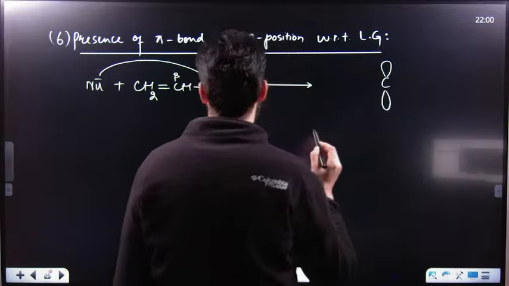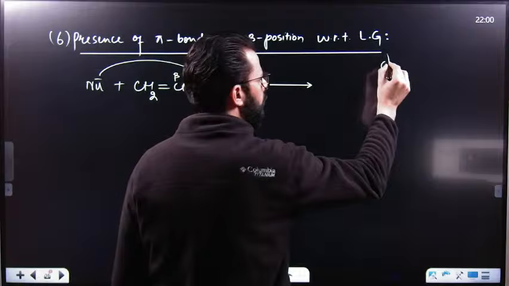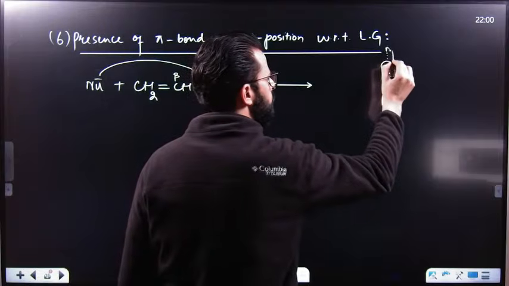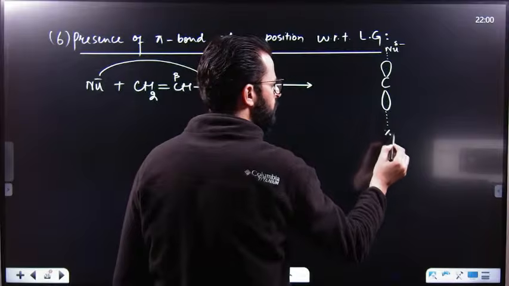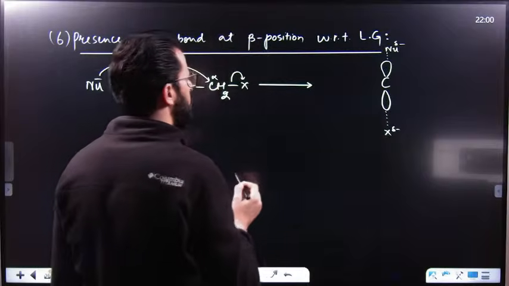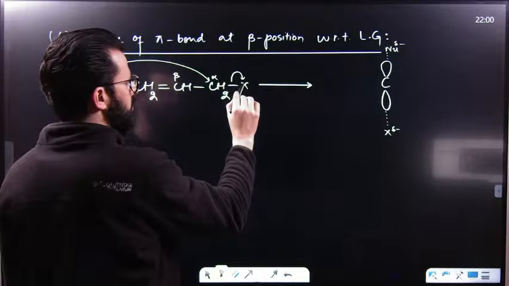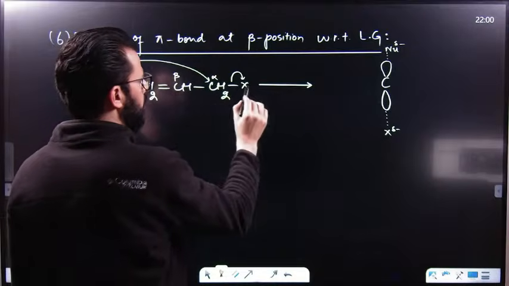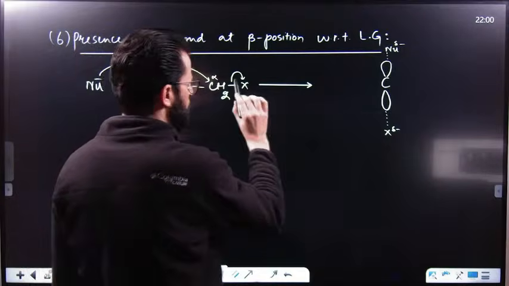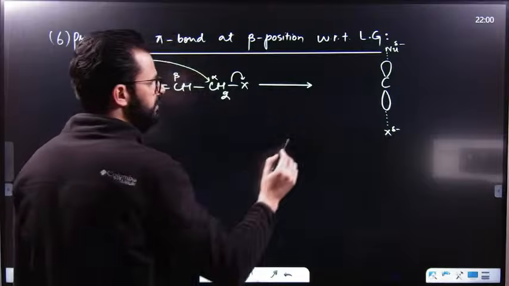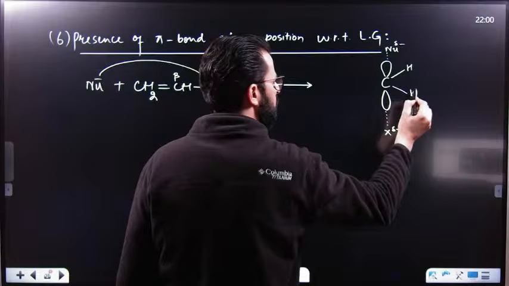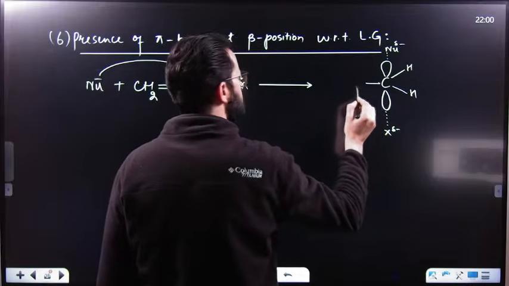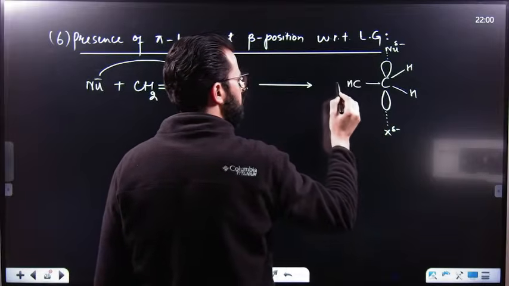Let me show it like this. Suppose the nucleophile forms a bond over here, so this has partial negative charge, and suppose the leaving group leaves from here, so this has partial negative charge. I have to write this X over here, so don't worry about that. After that this has two hydrogen atoms, and after that we have CH double bond CH2.